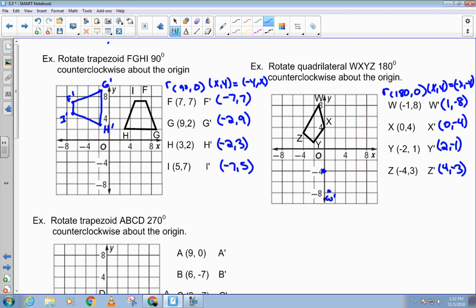Wait a minute, that's not right. Okay, so 0, negative 4, and then 2, negative 1. There's y prime, this is x prime, and then z prime is 4, negative 3. Now I've rotated 180 degrees about the origin.